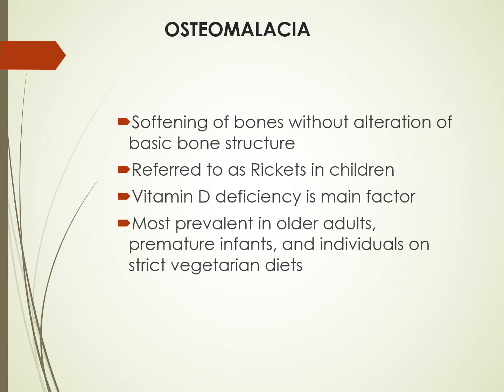Very premature infants will develop rickets as opposed to osteomalacia. And strict vegetarian diets in adults can lead to osteomalacia because of not only a calcium deficiency in their diet, but also a vitamin D deficiency.